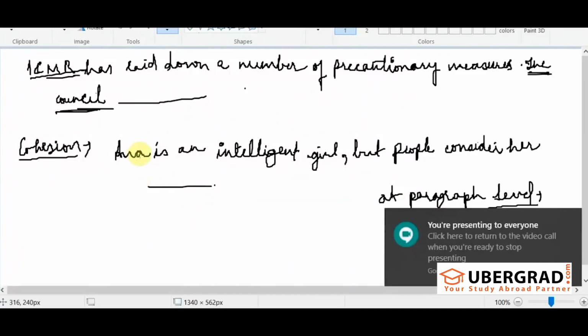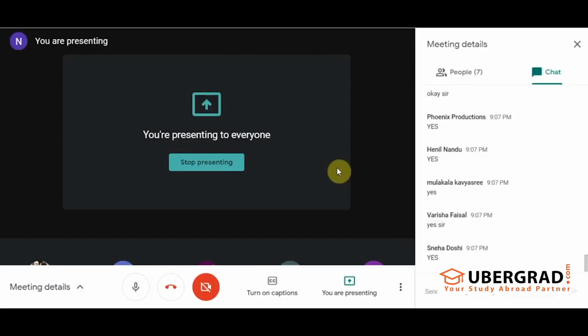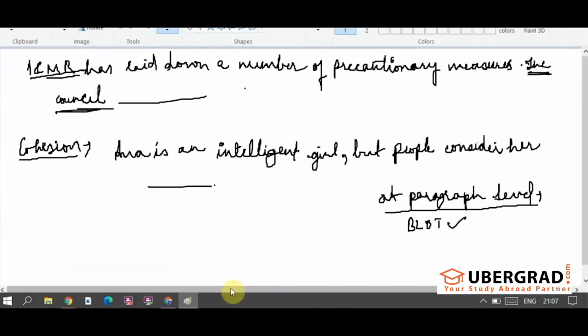Now what should come in this blank? Tell me, Anna is an intelligent girl, but people consider her dash. What should come in the blank? Foolish, right?